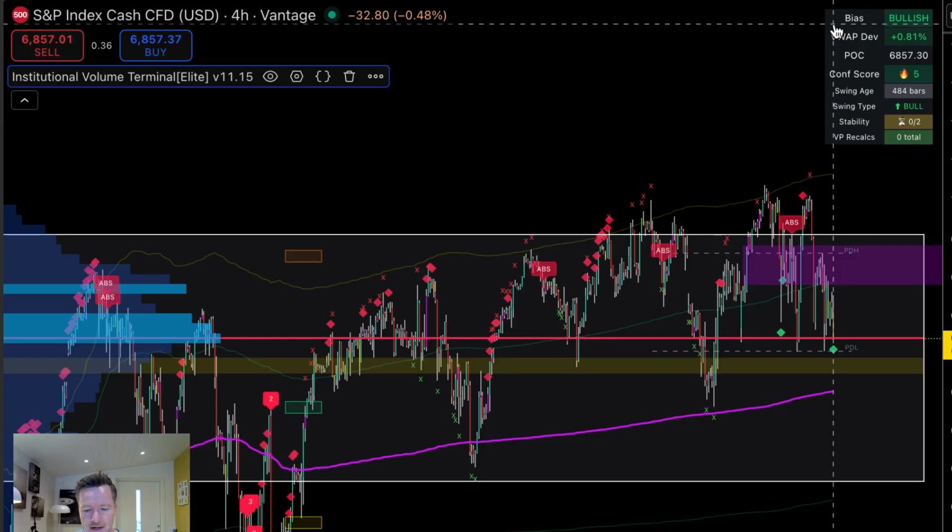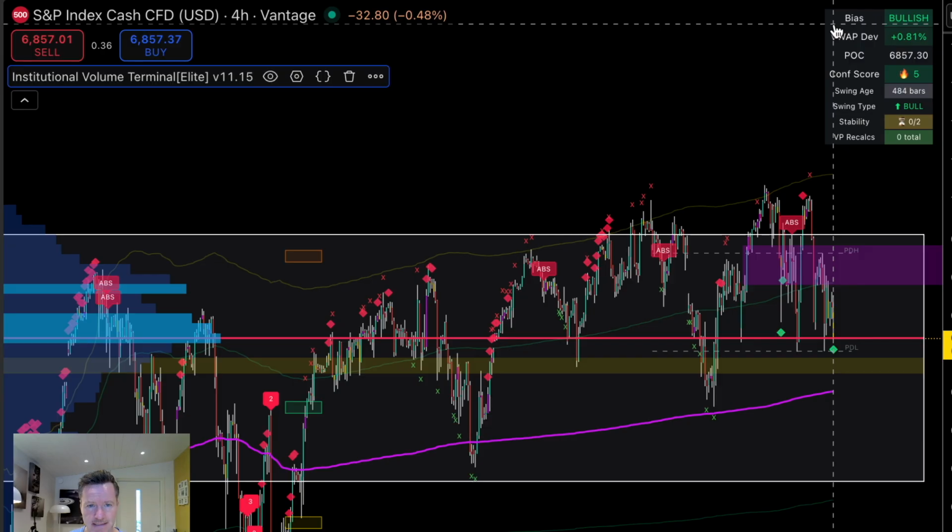We have volume spikes, elevated volume confirming interest, we are near the POC, price is hovering around our point of control, and we are trading within the 70% volume acceptance zone. Recent liquidity sweeps, notice the X markers, those are stop hunts that got cleared. And we have absorption detected. Here is the absorption, and we are seeing smart money accumulating here.